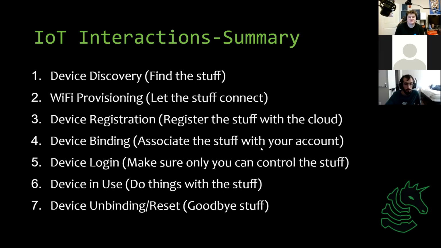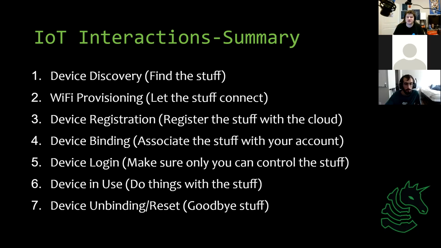So there's a lot of interactions here. This is the summary of all of the interaction process for an IoT device. It starts with device discovery, where you're finding the stuff. Then Wi-Fi provisioning, you're going to let the stuff connect. Then the next 3 steps are really all part of the association process.